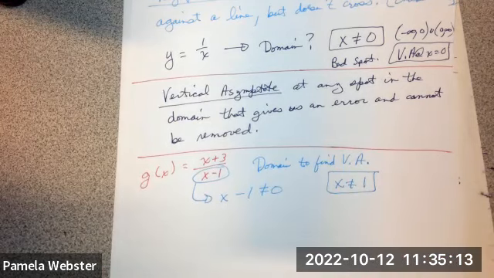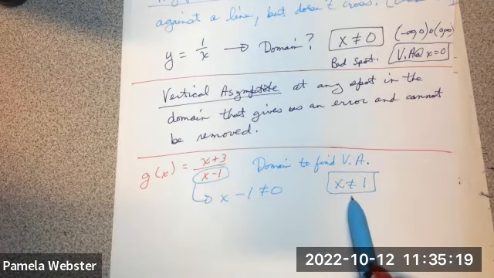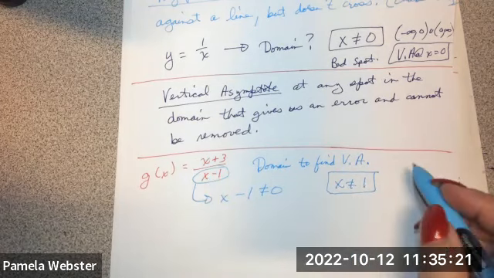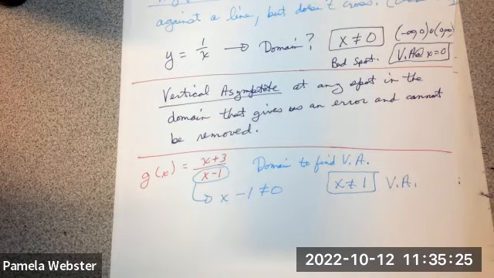So this wouldn't reduce at all. x can't be a positive 1. That's a vertical asymptote: any spot in the domain that gives me an error and I can't remove it. So you're just going to take the denominator and set it equal to 0, most of the time.